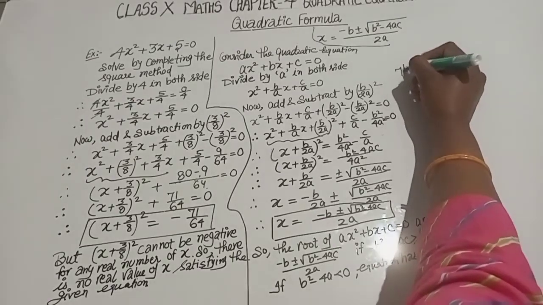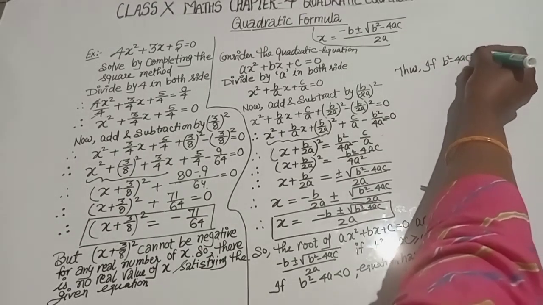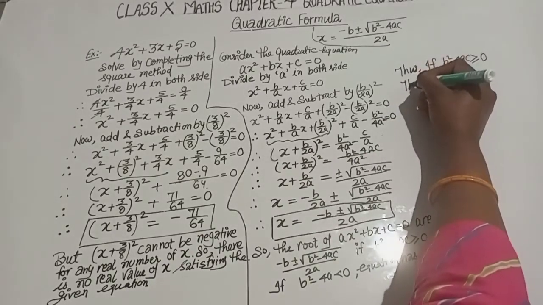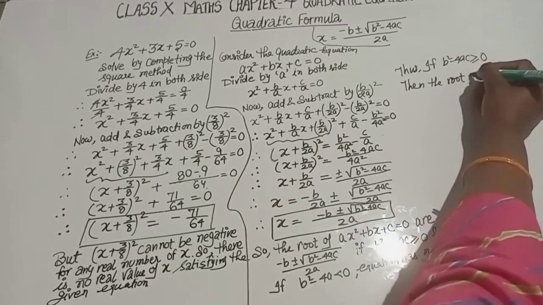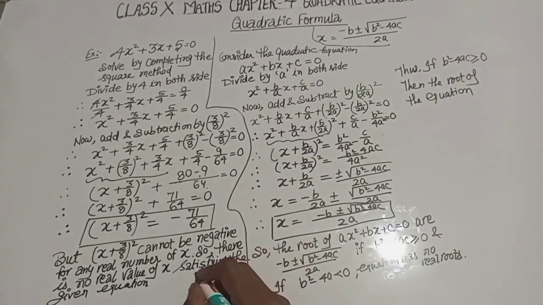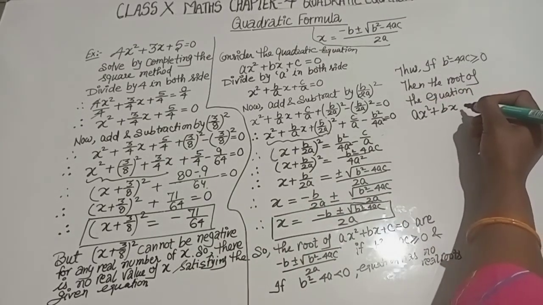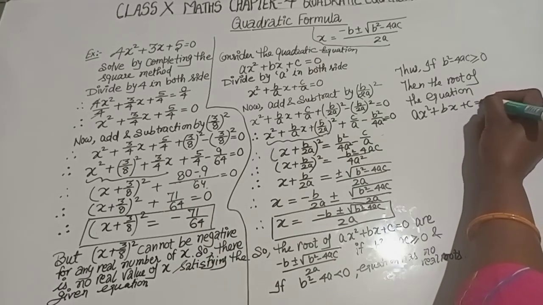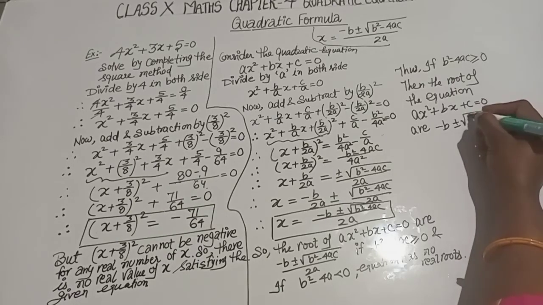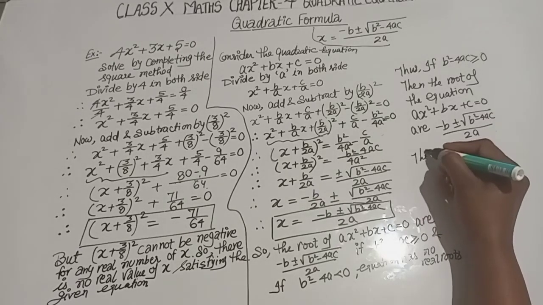Thus, if b square minus 4ac is greater than or equal to 0, then the roots of the equation ax square plus bx plus c is equal to 0 are minus b plus minus under root b square minus 4ac upon 2a.